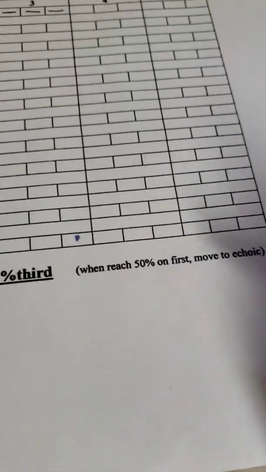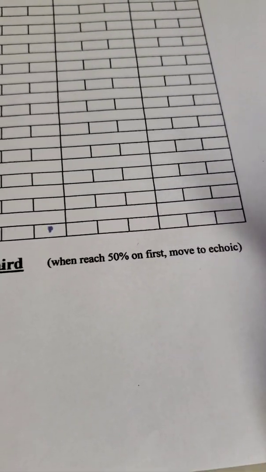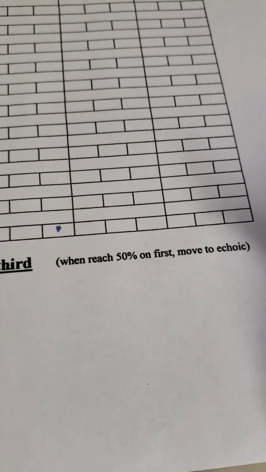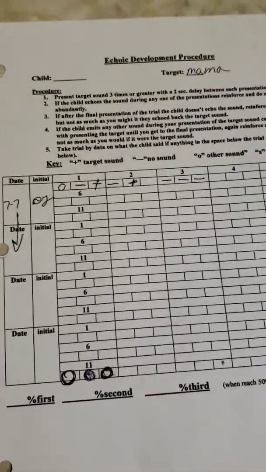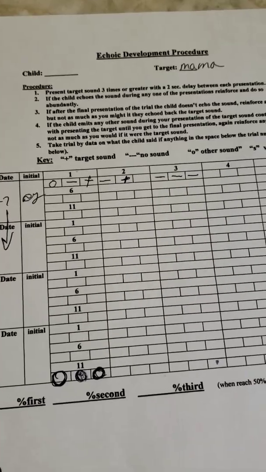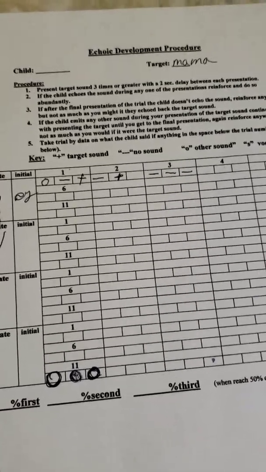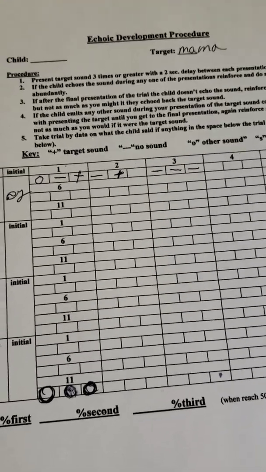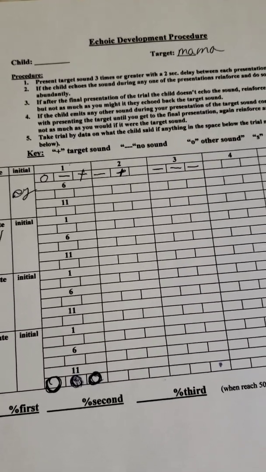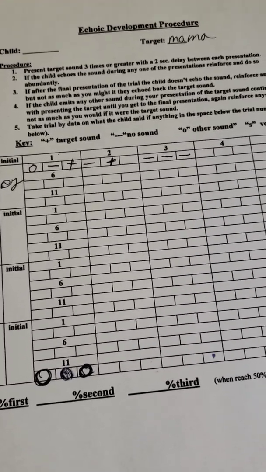When we consistently reach 50% on the first presentation, then that sound can move into an echoic program. That is why it's so important to do this every day and to hit it hard several times a day, because this is pre-echoic. We're not even at echoics, and we need echoics to teach language.